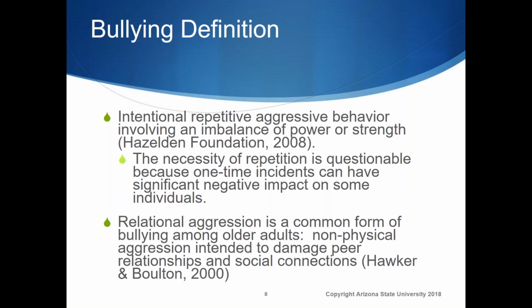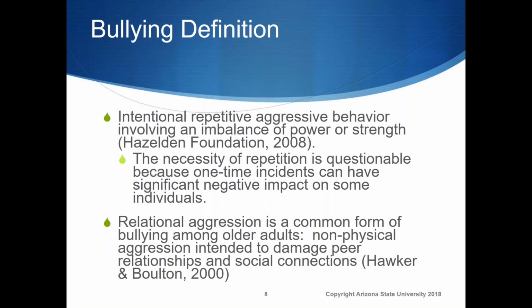Because of that one episode where she was excluded from the group, she completely lost that opportunity to engage at the senior center. So that's one episode, very negative impact. Relational aggression is something we see among older adults very commonly.